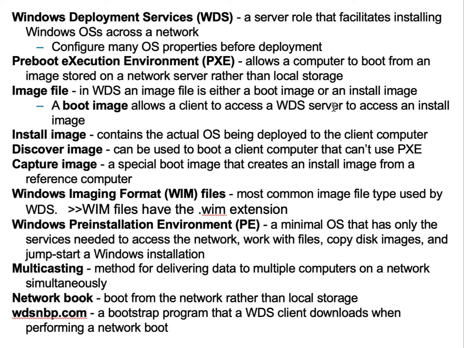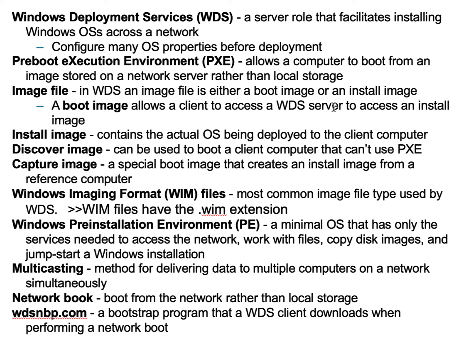An install image contains the actual operating system being deployed to the client computer. A discover image can be used to boot a client computer that can't use PXE, usually from a CD or a DVD or a flash drive. A capture image is a special boot image that creates an install image from a reference computer.